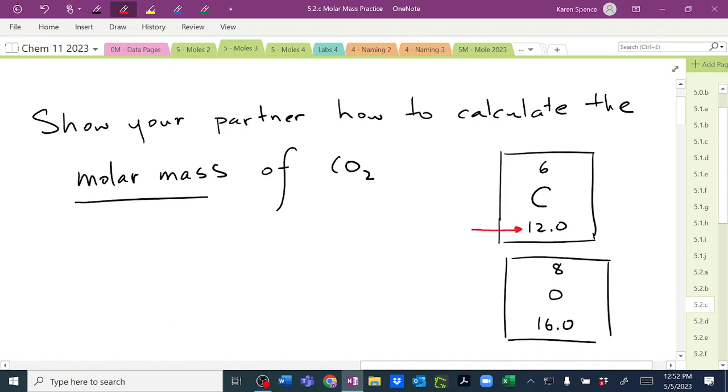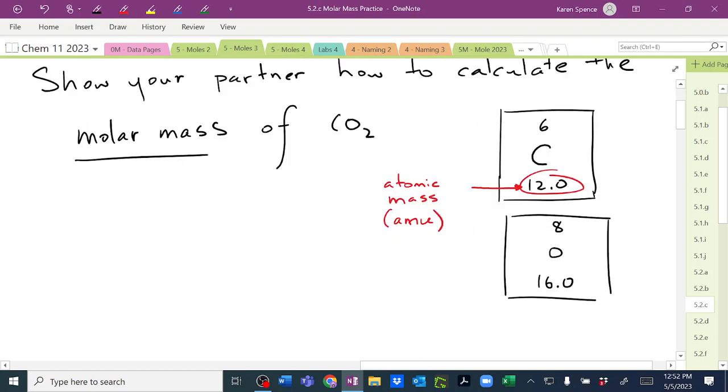So on your periodic table, what is that number there? It is the atomic mass. And what's the unit of atomic mass? AMU. But it is also, what other kind of mass?